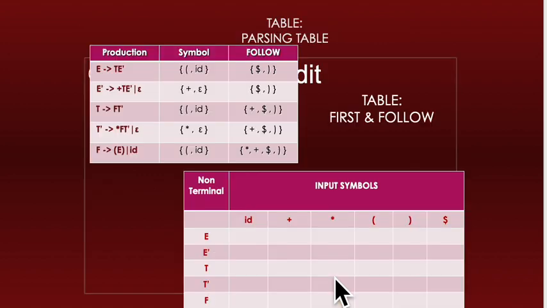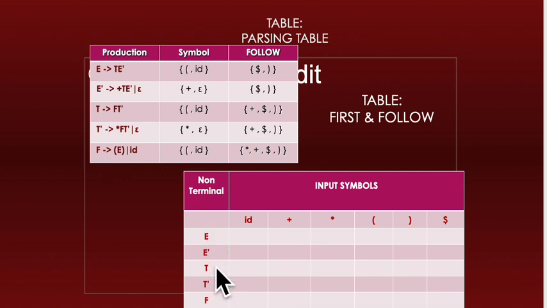And the third step is the one that we are going to talk about. Based on first and follow, we are going to create a parsing table. From this table we are going to tell whether the given grammar is LL(1) or not. For all the non-terminals of the given grammar, E, E dash, T, T dash and F, you write them row wise.